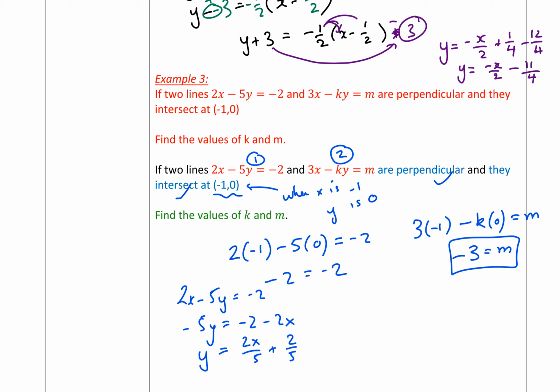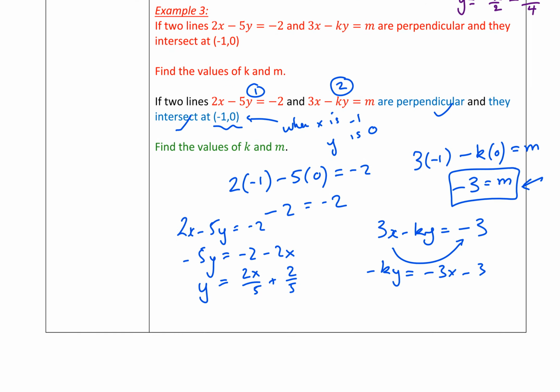Solving for the opposite here, 3x minus ky equals, remember this is -3 because that was my value for m, bringing the 3 over. Negative ky is -3x minus 3. And if I divide by -k, then y equals 3x on k minus 3 on k, which is a plus now.